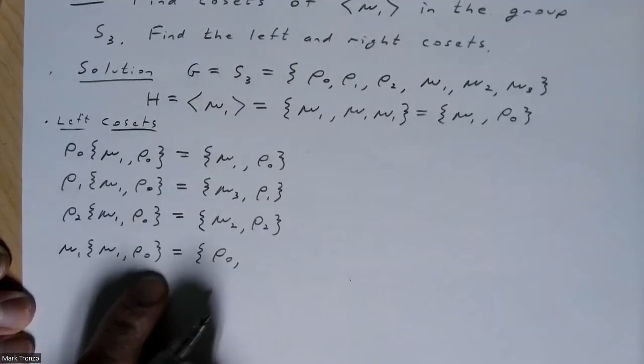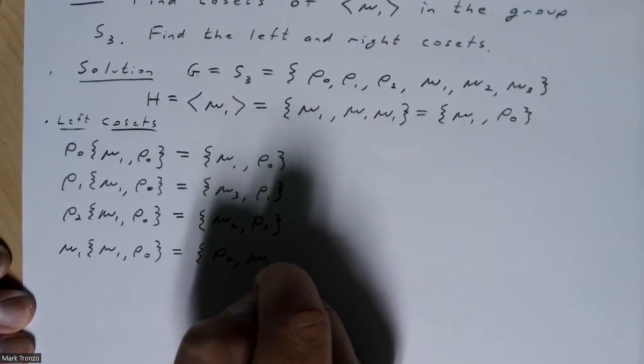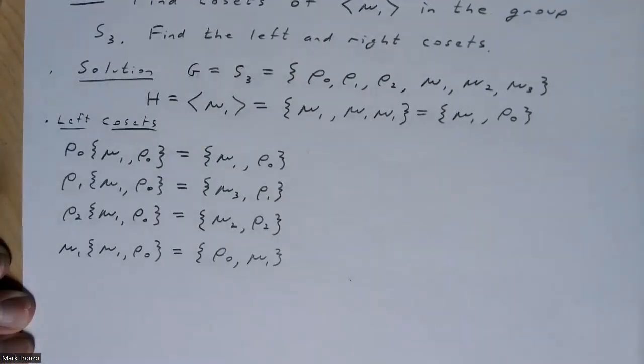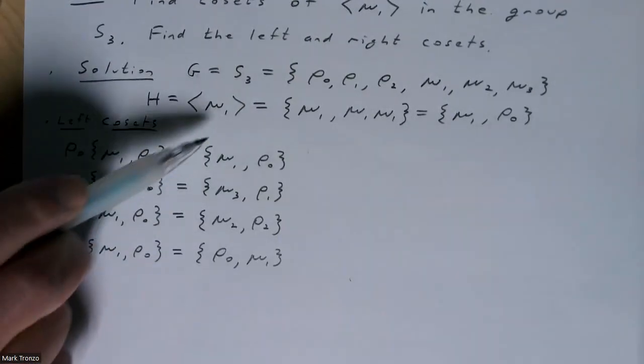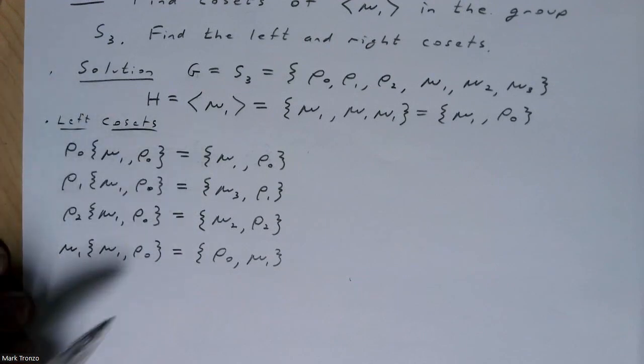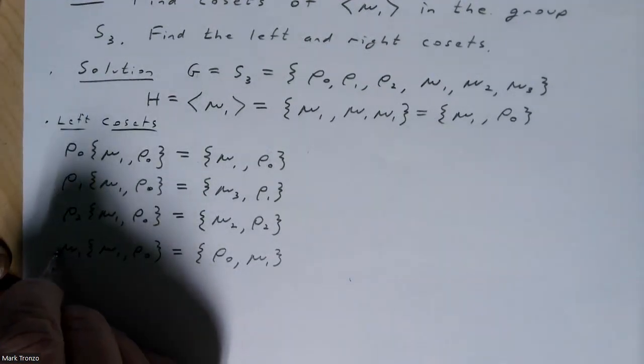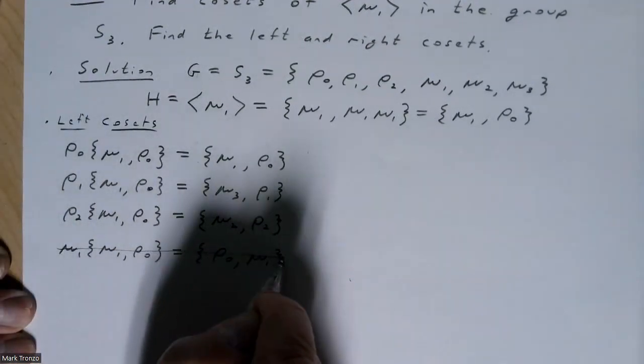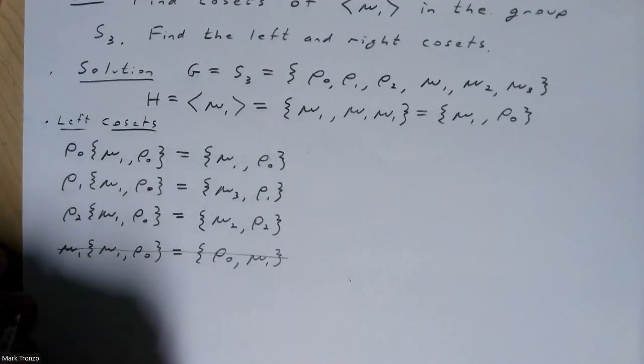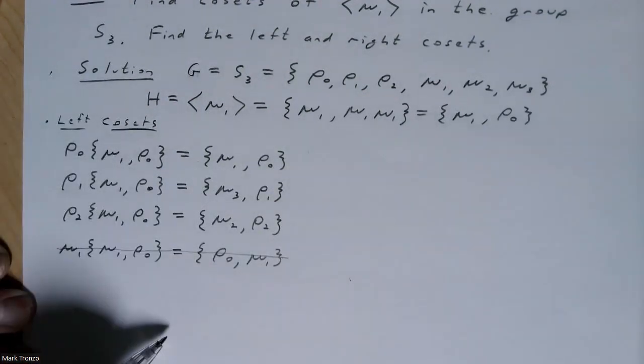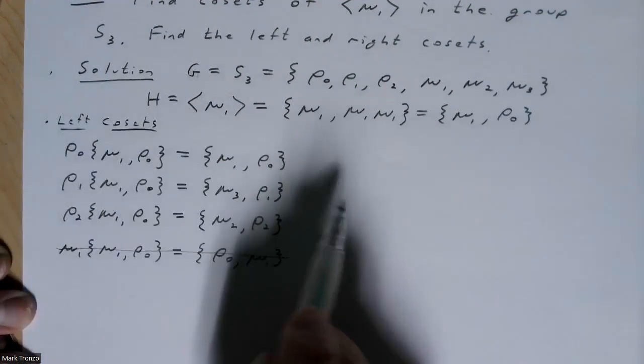And of course, mu1 times the identity is going to be mu1. And you see that's a duplicate. That's a repeat, so we can get rid of that. And again, we would get repeats the rest of the way.